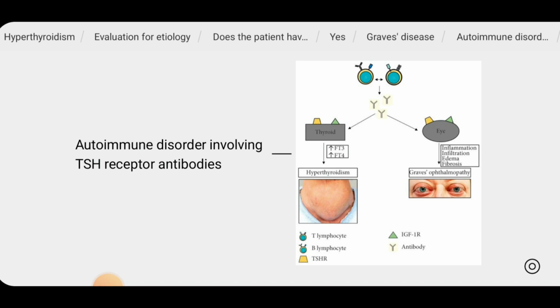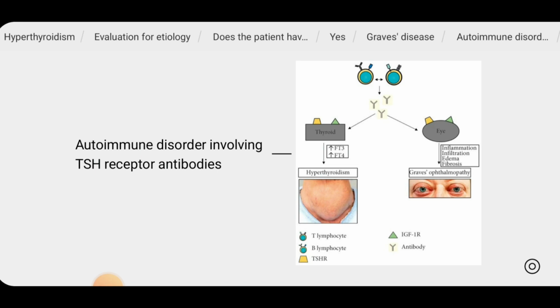When these TSH receptor antibodies act on the thyroid tissues, they increase the production of thyroxine, so the free T3 and T4 levels increase, and due to hypersecretion of thyroxine, the gland becomes hyperplastic, so it is diffusely enlarged. So we will see a diffusely enlarged large thyroid gland in patients with Graves' disease, and also the vascularity of the gland will be high because it is hyperfunctioning.